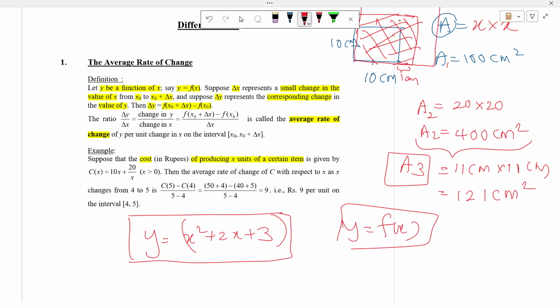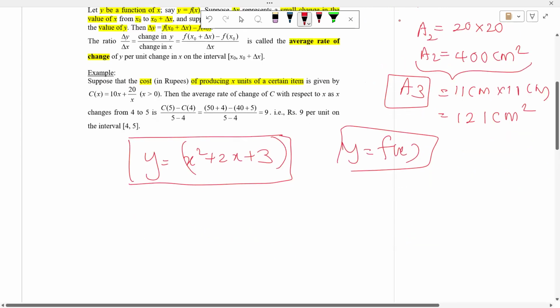So now just think about, if I do a small change, right? A small increment or small decrement. Just imagine increment only, okay? Just think about if I increase the value, right?